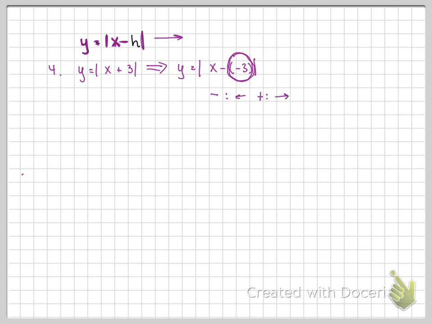So we're taking our parent function, the absolute value of x, which is this one right here, and moving the vertex 3 units to the left. So 1, 2, 3, and then I will construct my perfect V from there.